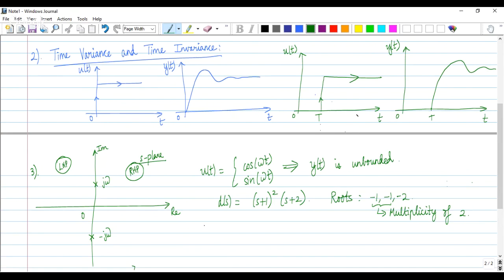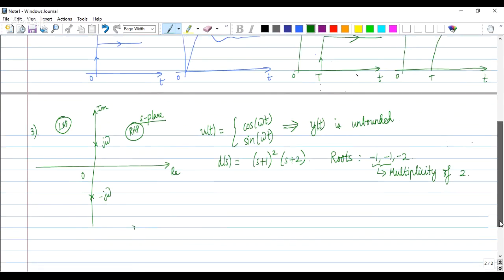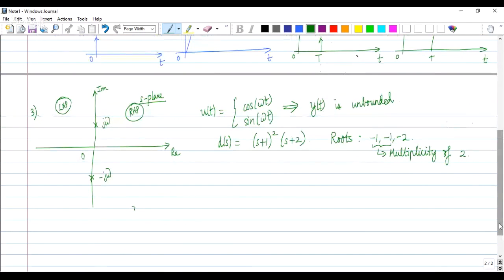Now, we can observe that the value of d of s at both minus 1 and minus 2 is 0, which is unsurprising because that's the definition of a root, right? A root of a polynomial should make the polynomial go to 0. Now, if you have a repeating root, we can immediately observe that if I take the derivative of this polynomial with respect to s, I'm going to have 2 times (s plus 1) times (s plus 2), plus (s plus 1) whole square.